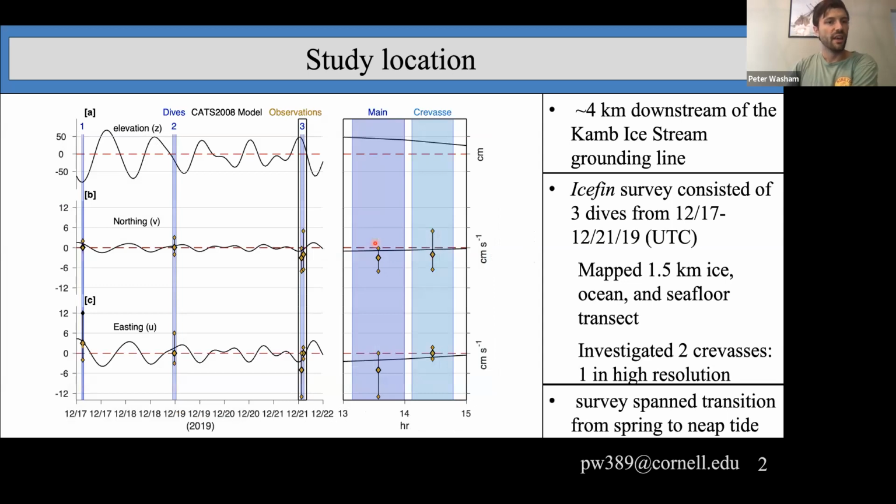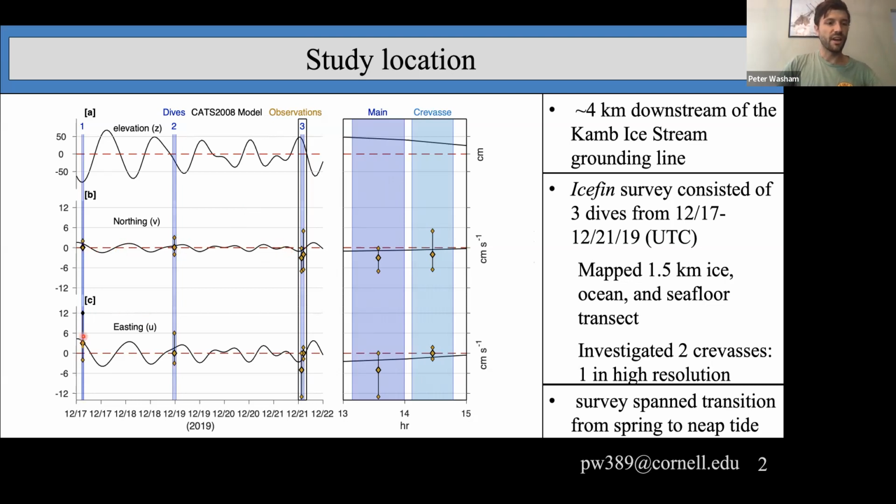Critically, we collected these data as the tide was transitioning from closer to spring conditions to closer to neap conditions. On the left here are the 3 dives in blue overlaid on the CATS 2008 tide model, which was shown to match well to the observations, both of tidal elevation change on the surface with GPS and of the mean predicted current speeds from the model and the observations from IceFin.